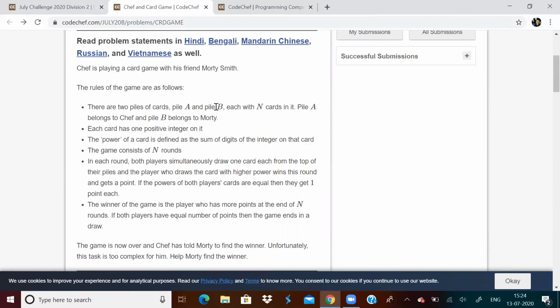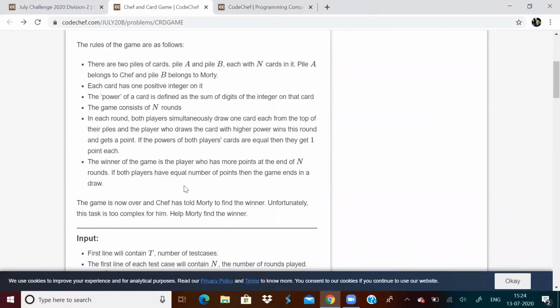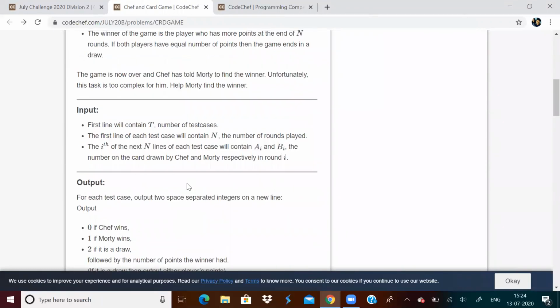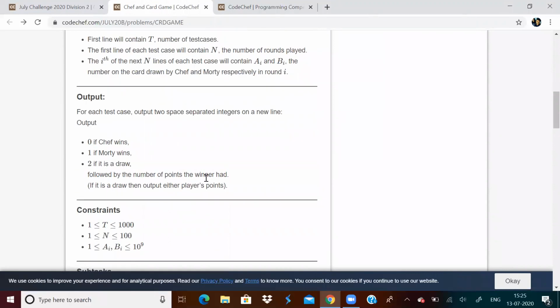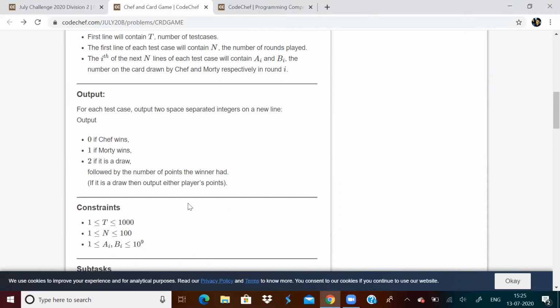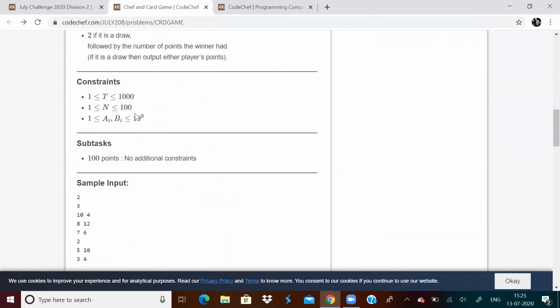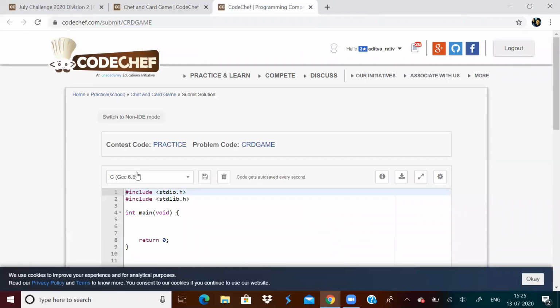If the powers of both players are equal, they both get 1 point. The winner of the game is the player who has more points. If both have equal points, then the game is a draw. So I think it's very brute force, very straightforward. We need to print 0 if chef wins, 1 if Morty wins, 2 if it's a draw, and the n value is also small.